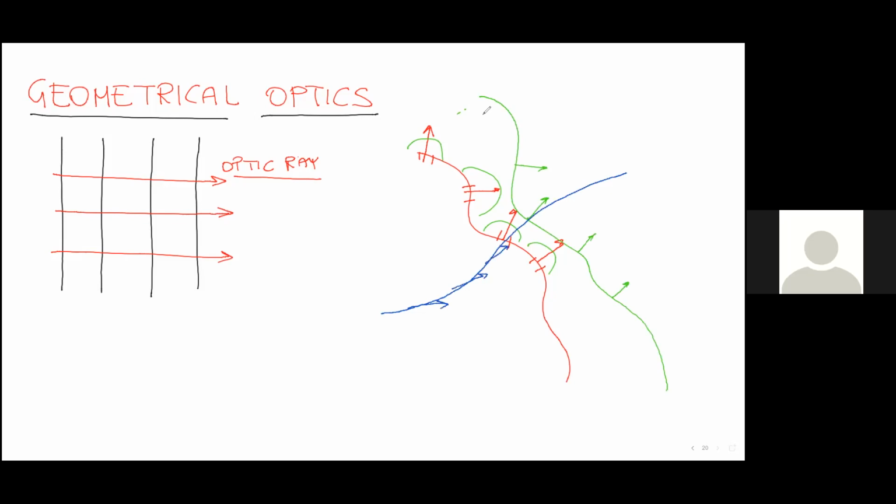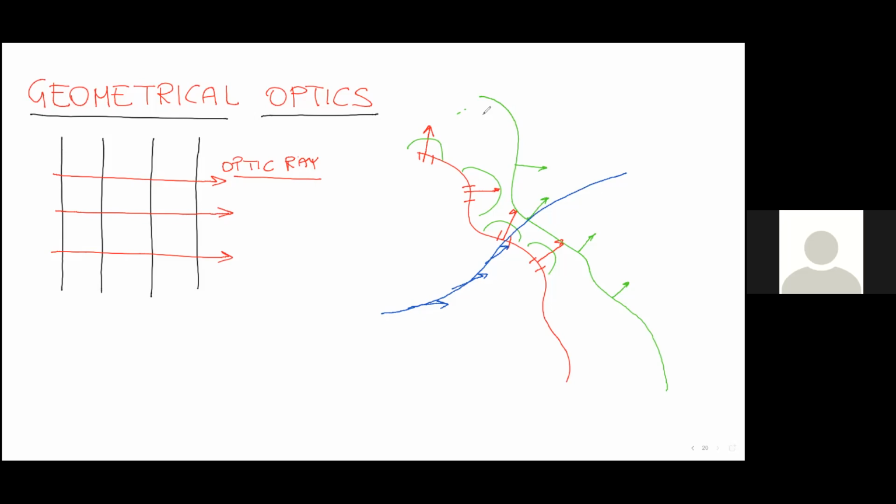Locally, this line is the ray line. Normally, it is not a straight line, but light is propagating in a snake-like behavior, depending on the refractive index of the medium. Okay? Now, in principle, this is very difficult to describe, but we will make it very simple.